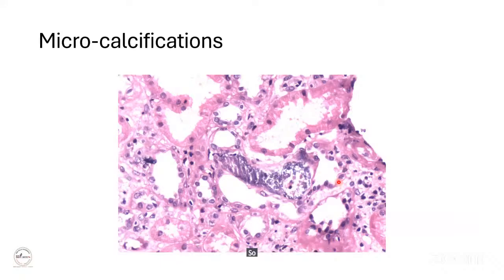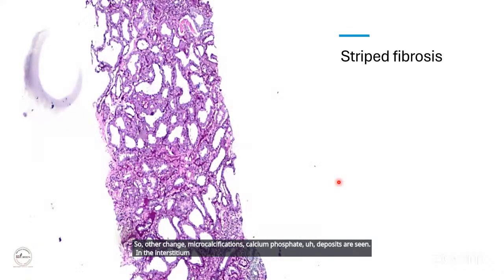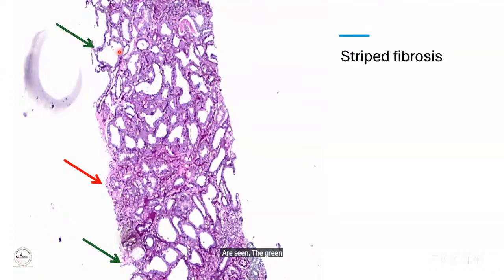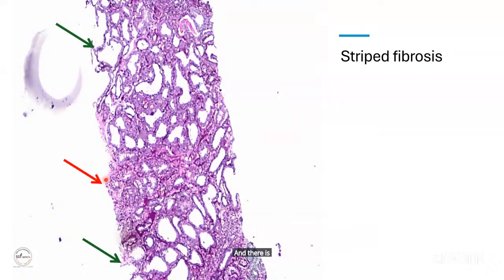So other change, microcalcifications, calcium phosphate deposits are seen. In the interstitium, there will be striped fibrosis, that is alternate bands of fibrosis are seen. The green one are showing the non-atrophic tubules and there is some tubular injury with loss of brush border. The red ones are the atrophic tubules and there is fibrosis.